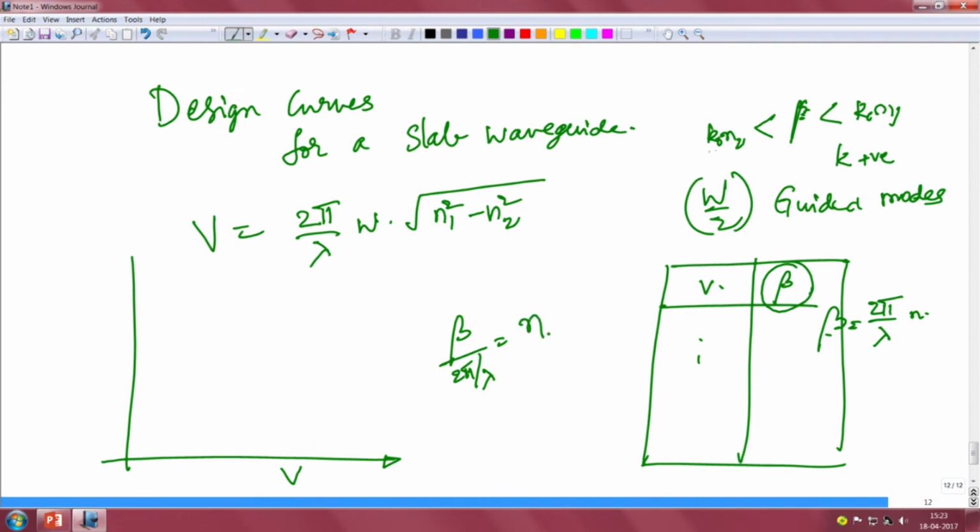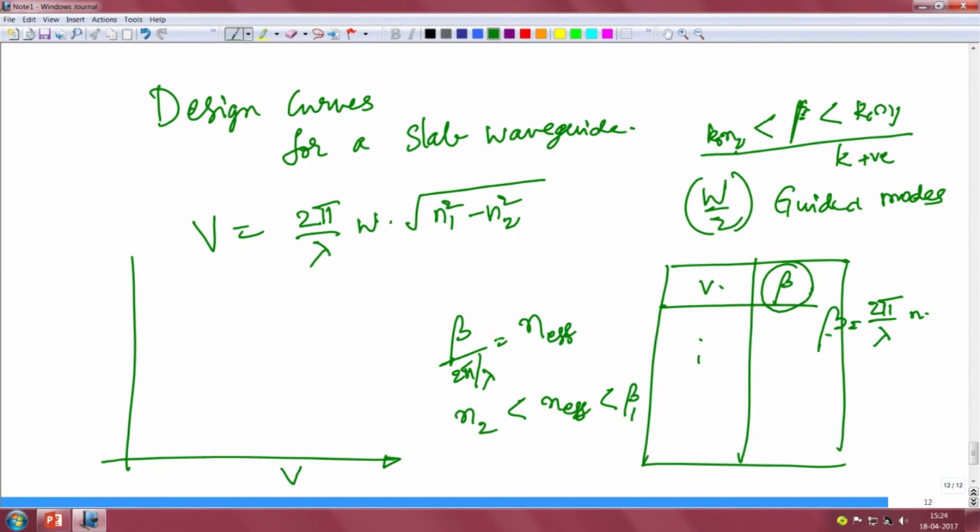As we see from this expression, beta lies between k0 n2 and k0 n1, and we can call this n the effective refractive index of the waveguide.